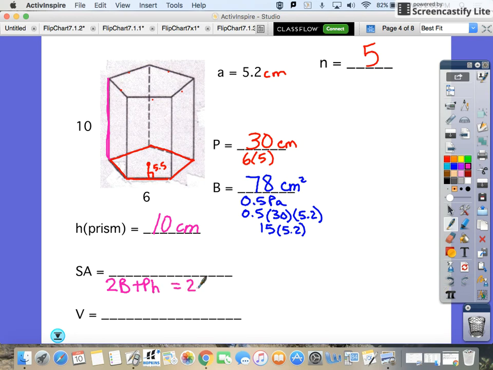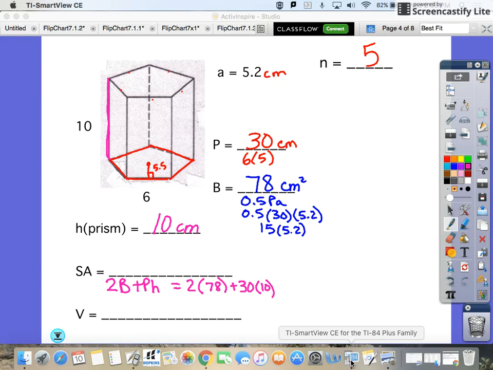So we have 2 times 78 plus 30 times 10. If you type in 2 times 78 plus 30 times 10, just give this a second, it's going to boot up.